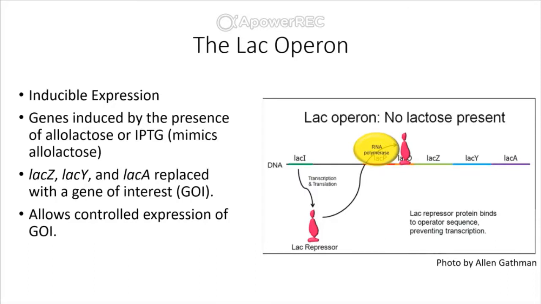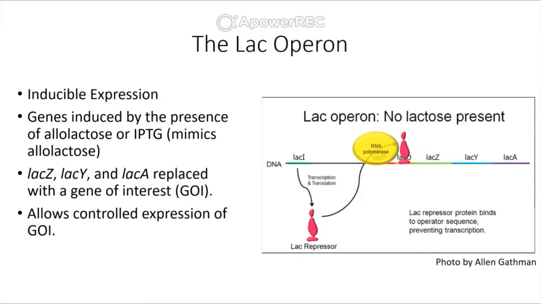We can do so by introducing the chemical compound that causes this repressor to change into a green light. So that compound that removes this repressor or turns it into a green light so that RNA polymerase can move along and transcribe this gene is something called IPTG.